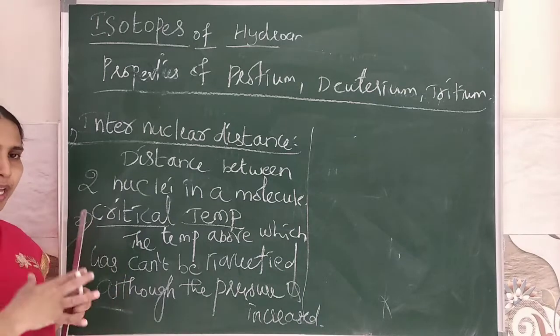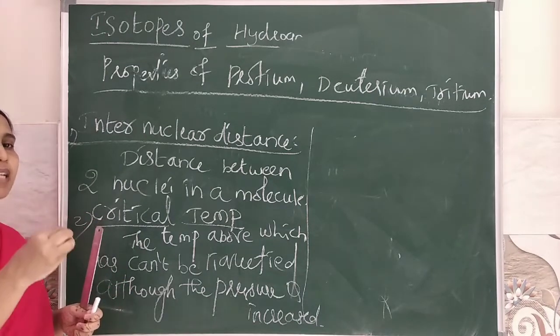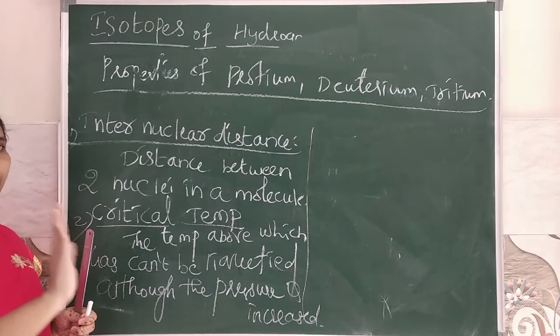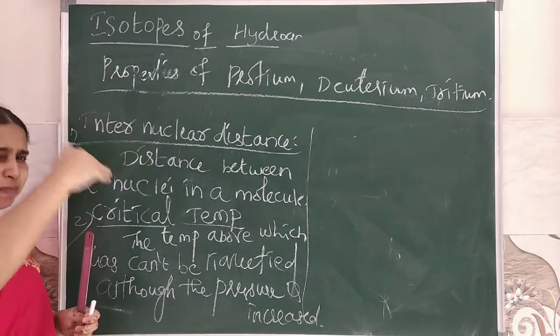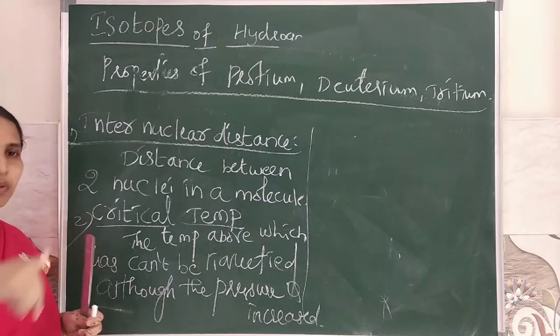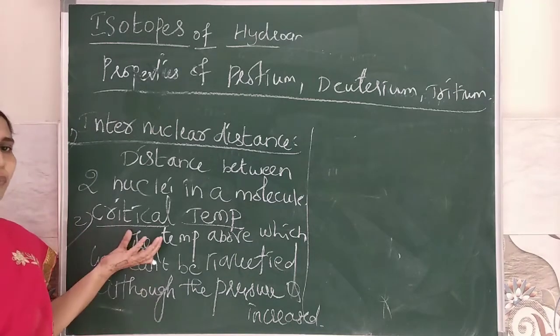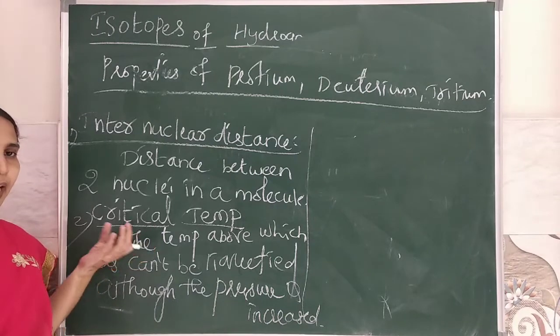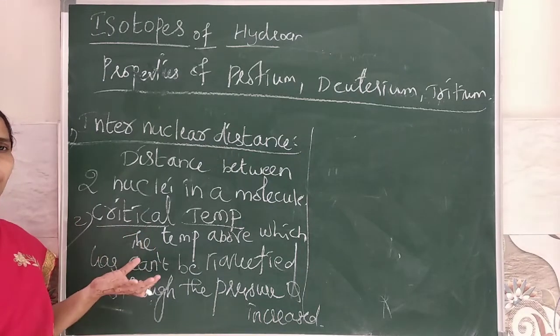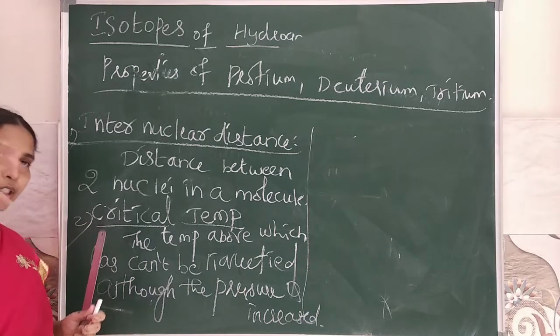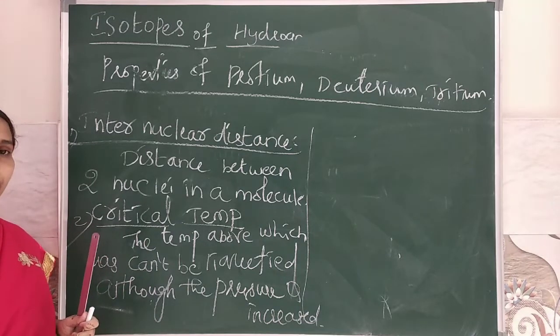No matter how much pressure you give, the gas cannot be liquefied further above that temperature. So critical temperature is the temperature above which it cannot be liquefied, although pressure may be increased many times.